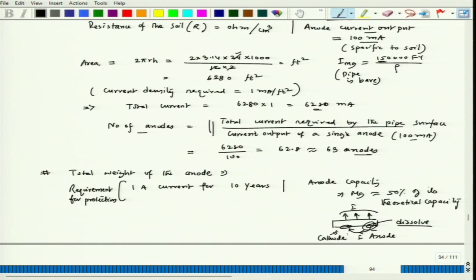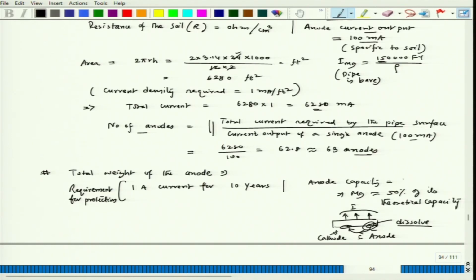So, that time we have self dissolution, but in a theoretical situation all the cathodic reaction must happen on the pipeline, but that cannot be possible in an actual situation. So, that is where the efficiency drops down. So, magnesium operates at 50% of its efficiency.